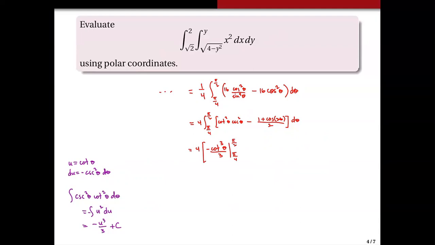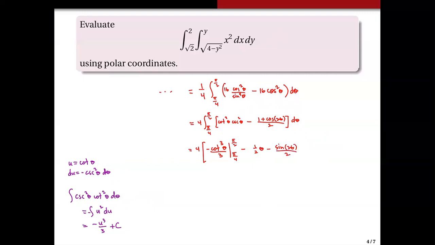And then minus, for this integral here, this is easily integrable. We'll just have 1/2 theta, and then the integral of cosine, that's sine. So we will have here 1/4 sine of 2 theta over 2.